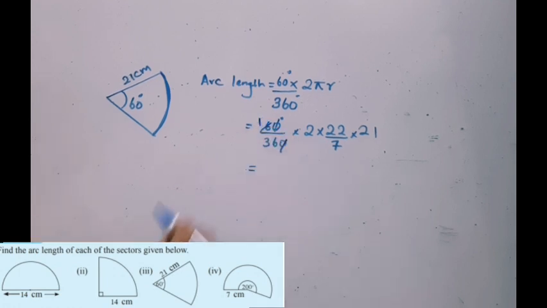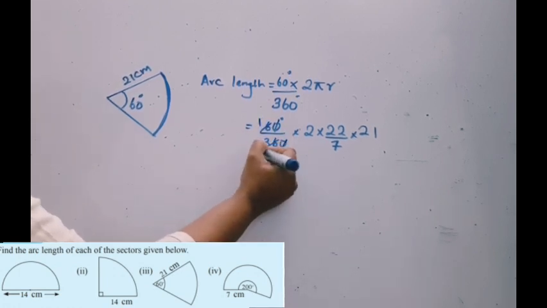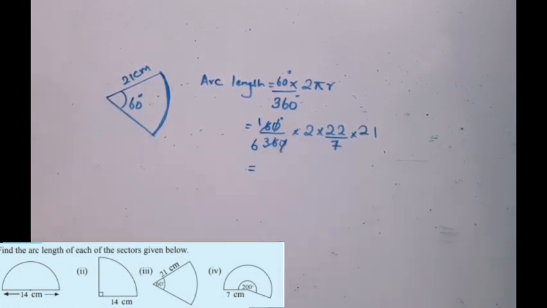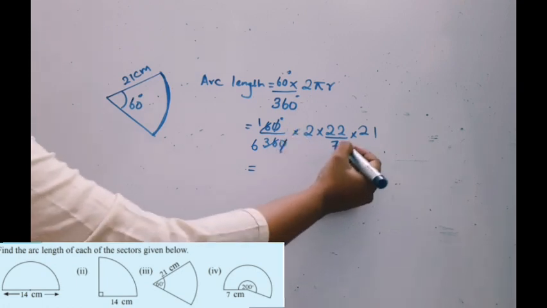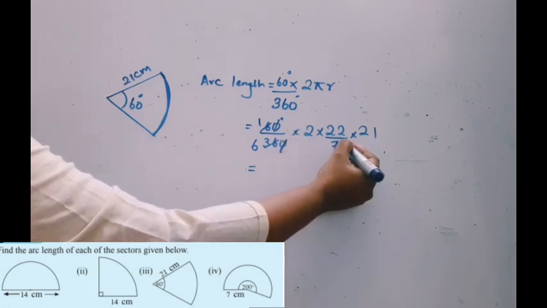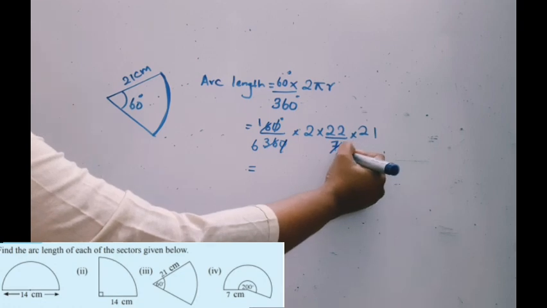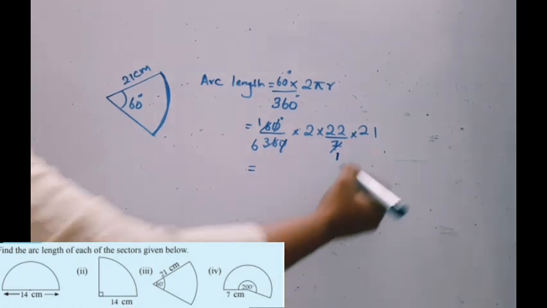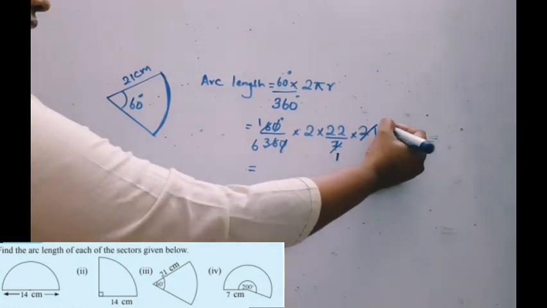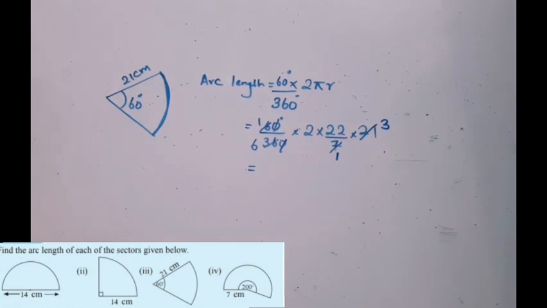6 times 1 is 6. 6 times 6 is 36. And here I'll be able to cut it off by 7. 7 times 1 is 7 and 7 times 3 is 21. So I'm going to write the remaining numbers.